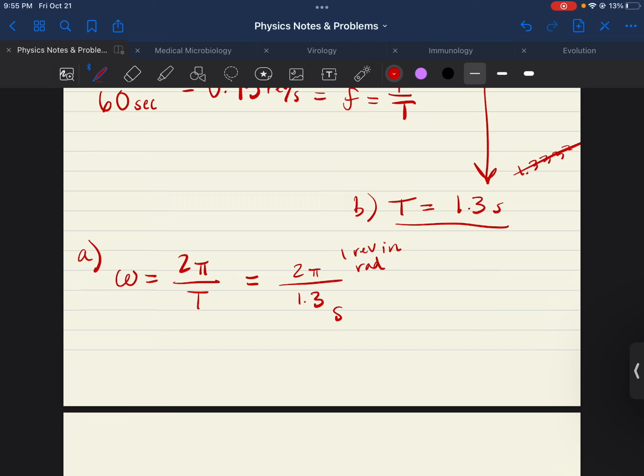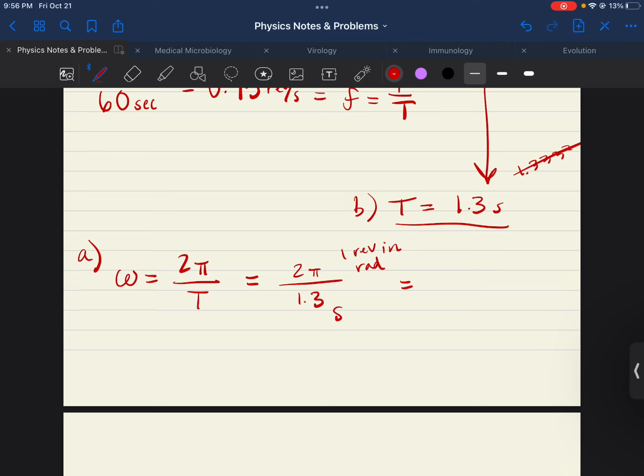So in order to find the rate that the vinyl record is spinning, which is our angular speed, since speed is distance over time, our distance is our turning in radians, and our time is our 1.3 seconds, our period.